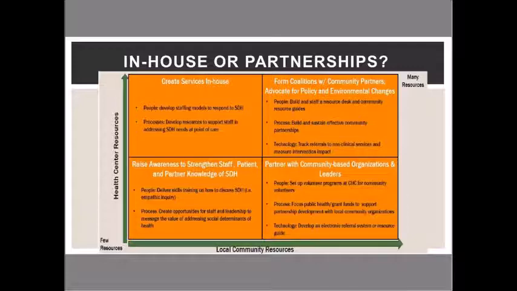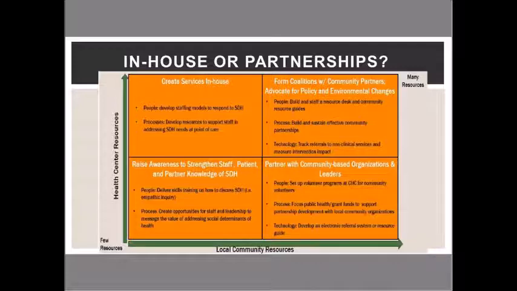this is where you really want to focus on those coalitions, those strong partnerships, and even doing more advocacy around the importance of investing in social determinants in your community. Being able to demonstrate evidence of interventions that are working really well, demonstrating the impact and the return on investment, if you will, of being able to do this work.